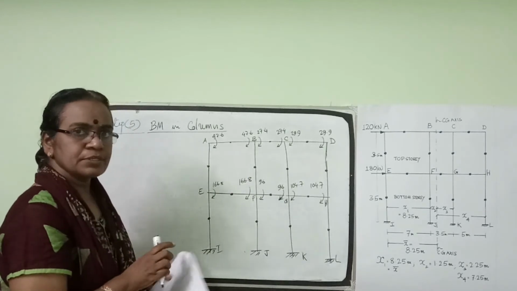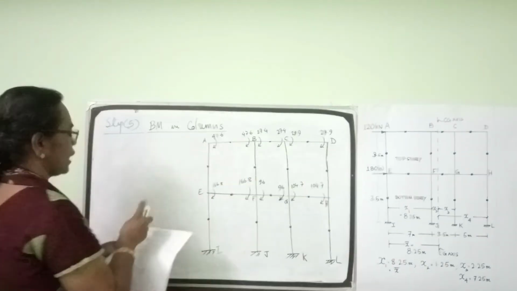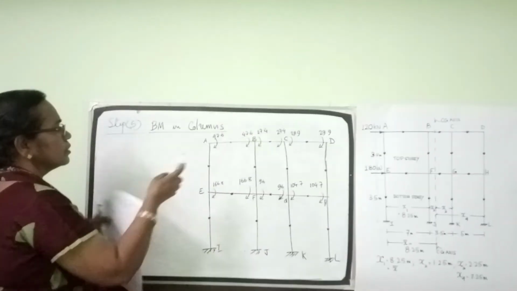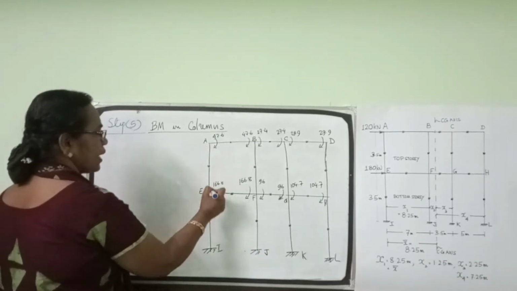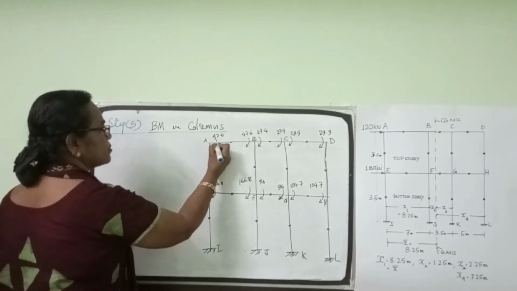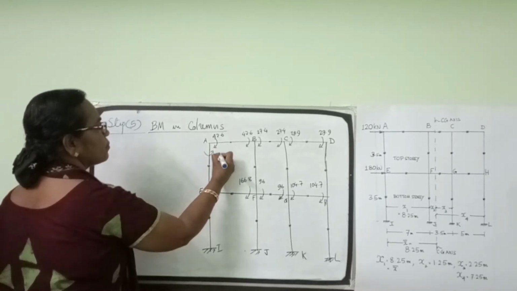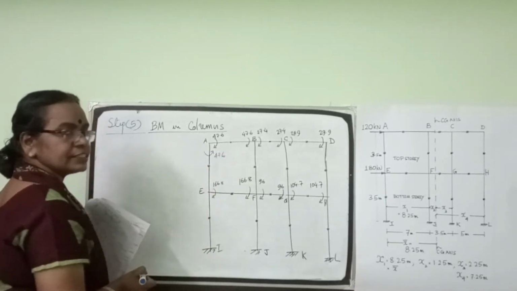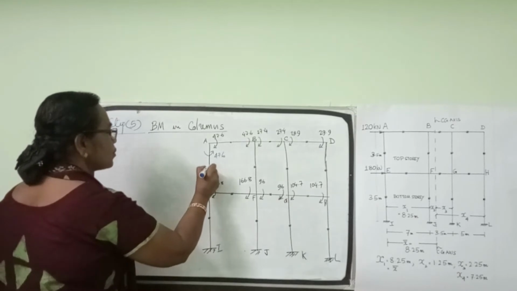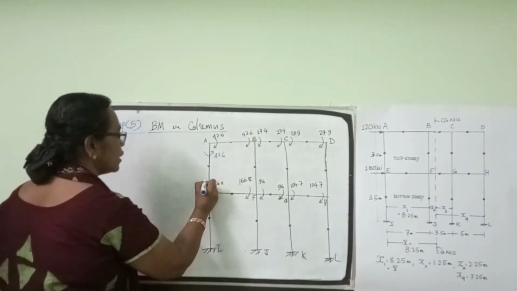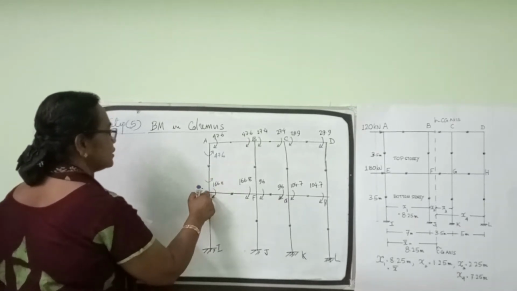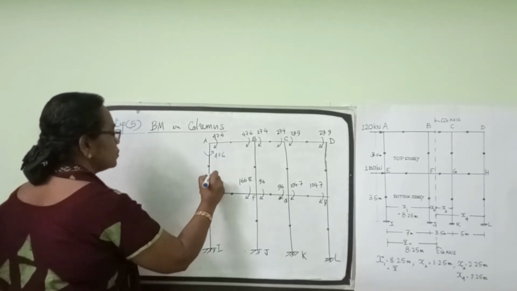and 9.4 like this. Now considering the equilibrium of joint A, consider the moment equilibrium in this column. Column A, the moment at A, if this is 47.6 clockwise, this has to be 47.6 anti-clockwise. Since there is a point of contraflexure at the midpoint of the column, at the edge E, the moment will be the same, anti-clockwise 47.6.